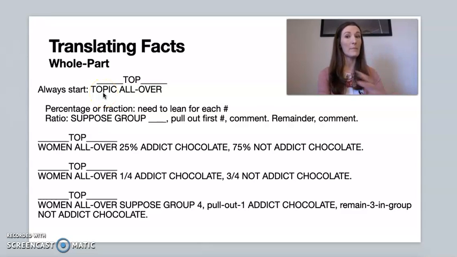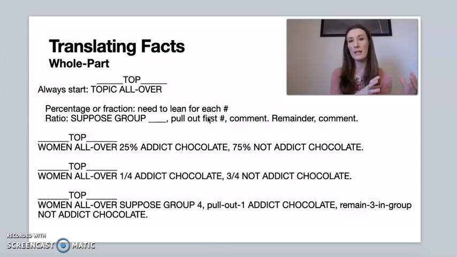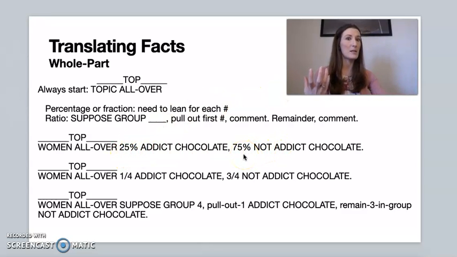So we're going to go women, and then we have to assign all over. You are then going to lean for each number because remember it needs to be equal to 100%. So on one side we're going to say 25%, on the other side we're going to say 75%. You're going to do the same thing for your fractions, 1/4 versus 3/4.